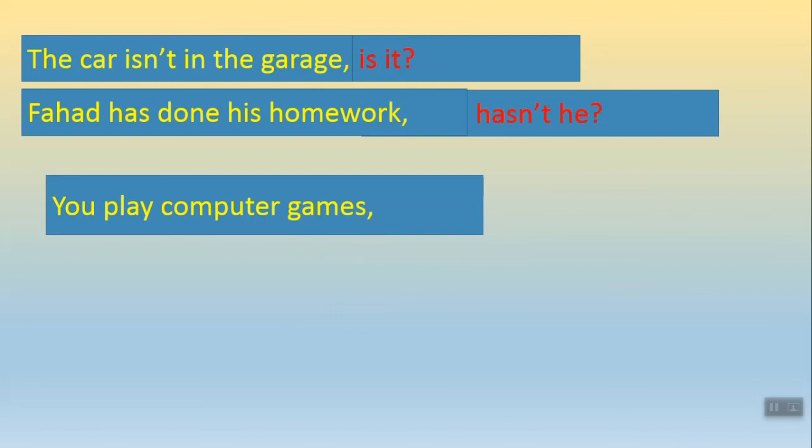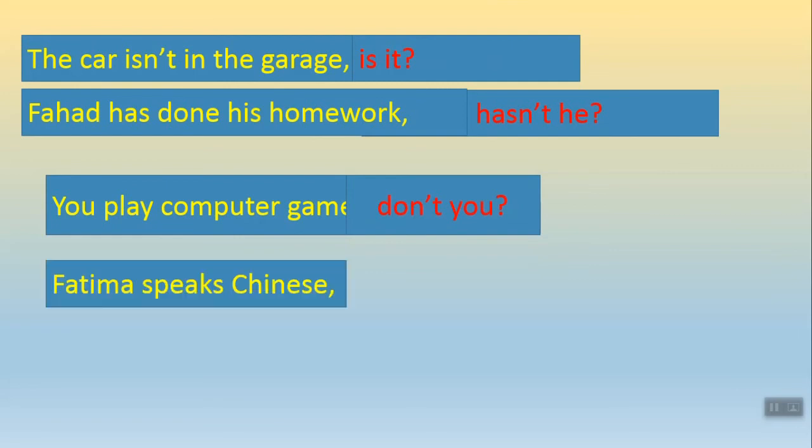So we use the verb to do here. Do. You do play computer games. Is this statement positive or negative? It is positive. So the question tag is negative. Don't you? Excellent.